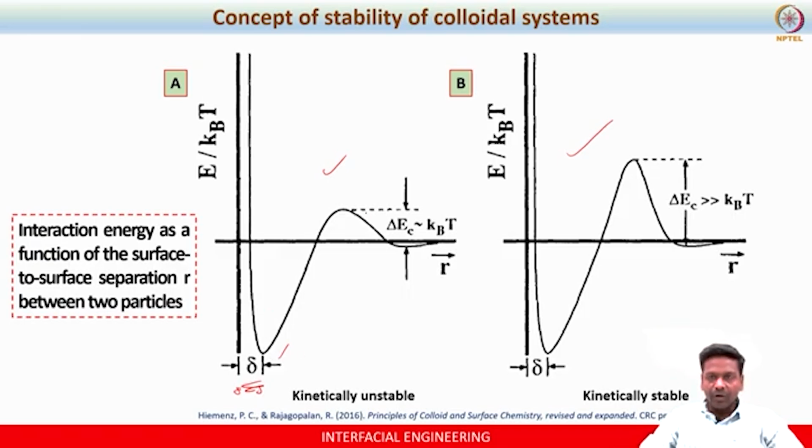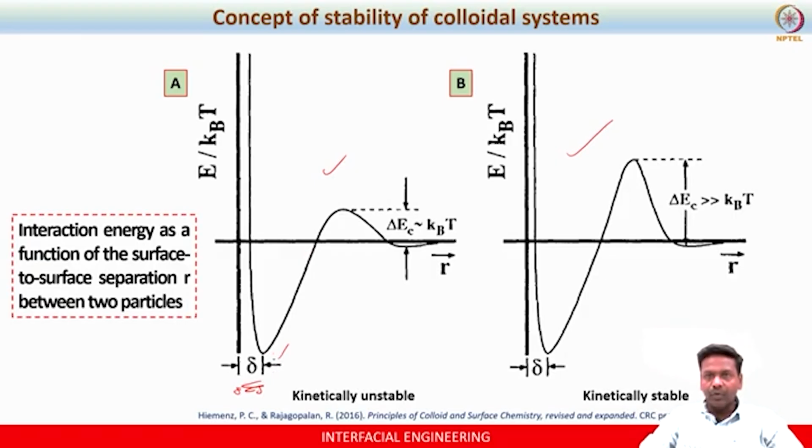So what is important to avoid driving them up to this point is to increase this barrier. This is the primary maxima. If the barrier here is increased several fold higher, then the particle will not reach this primary minima at all, right?